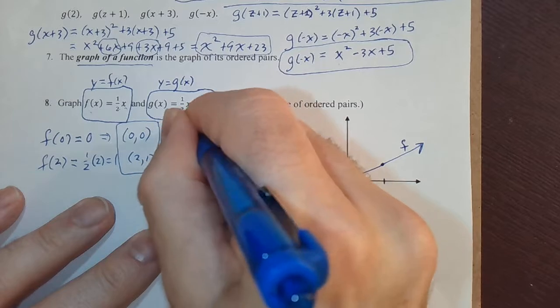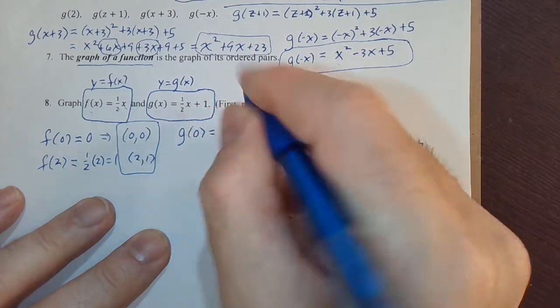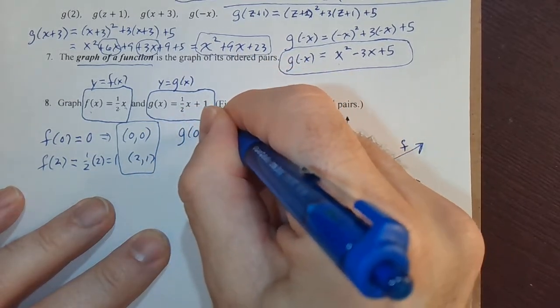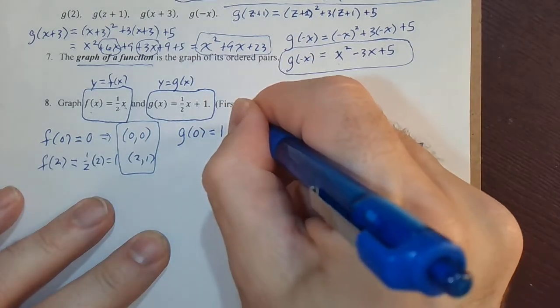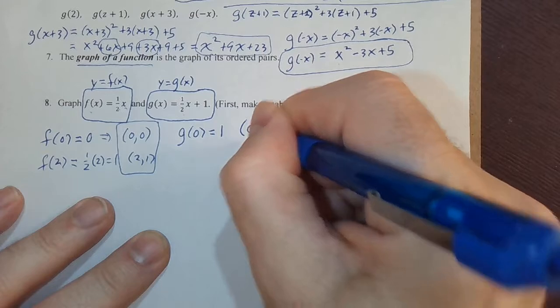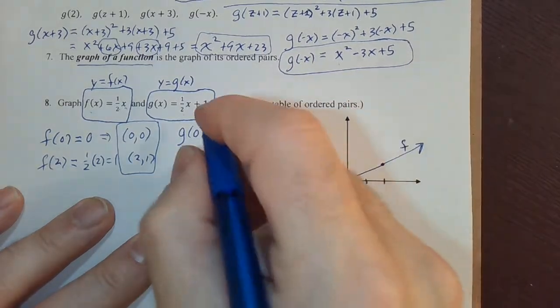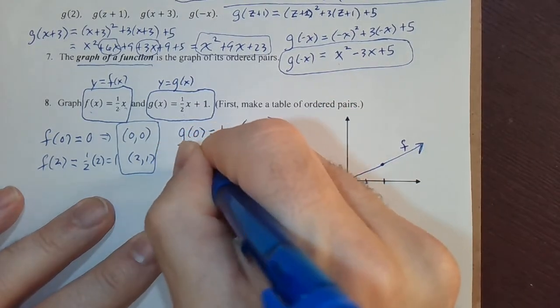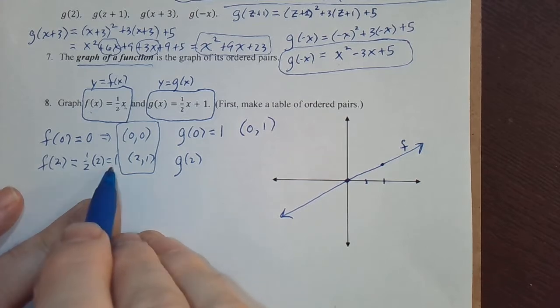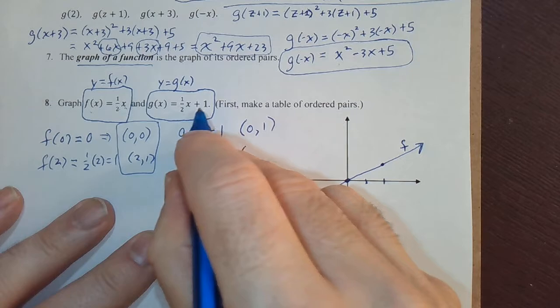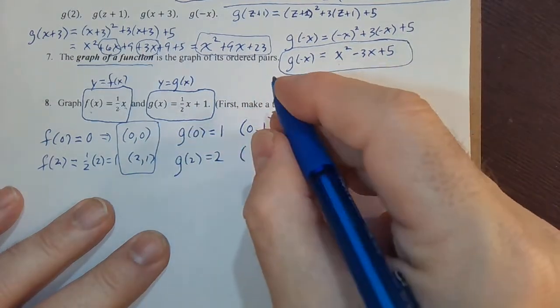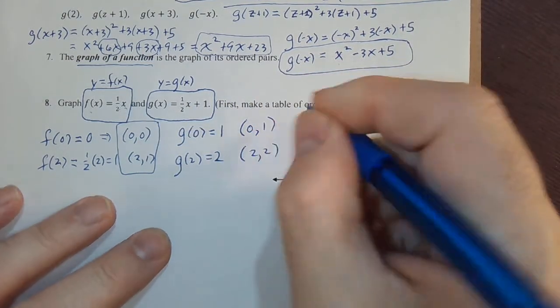So g of 0 is equal to 1. F of 0 is 0, g of 0 is 1. So if x is a 0, y is a 1. If f of 2 is 1, g of 2 is going to be 2, because it's just 1 more than f of x. So 2, 2. And let's verify that.